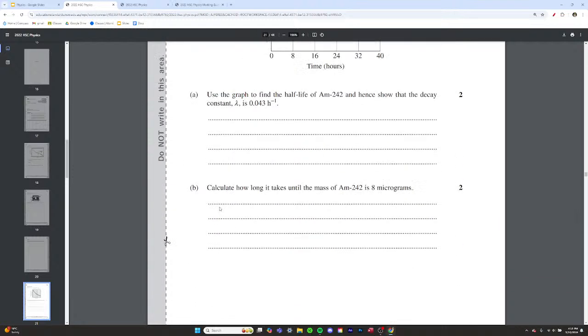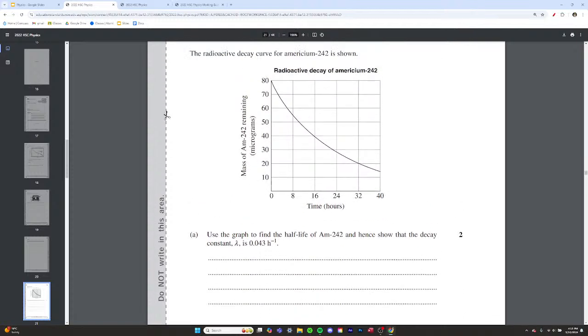Oh, the half is time for half-life. Oh, that's what it meant. 8 micrograms. 8's like here, but that's not half of 20. We'll go 40, 20, not 8.